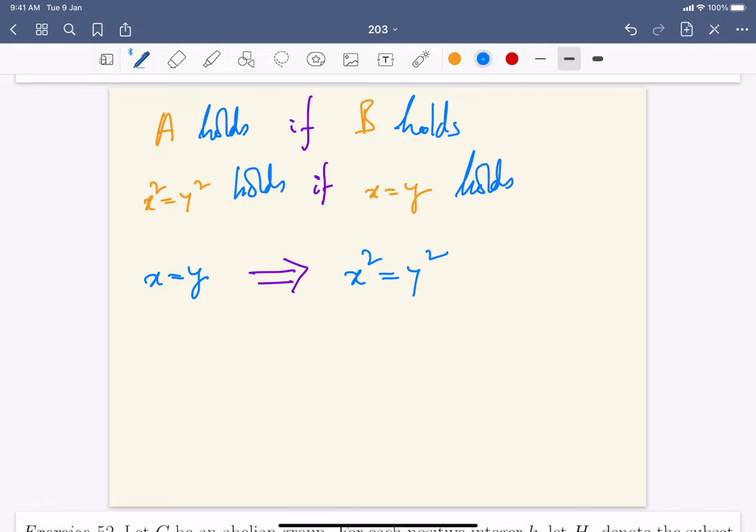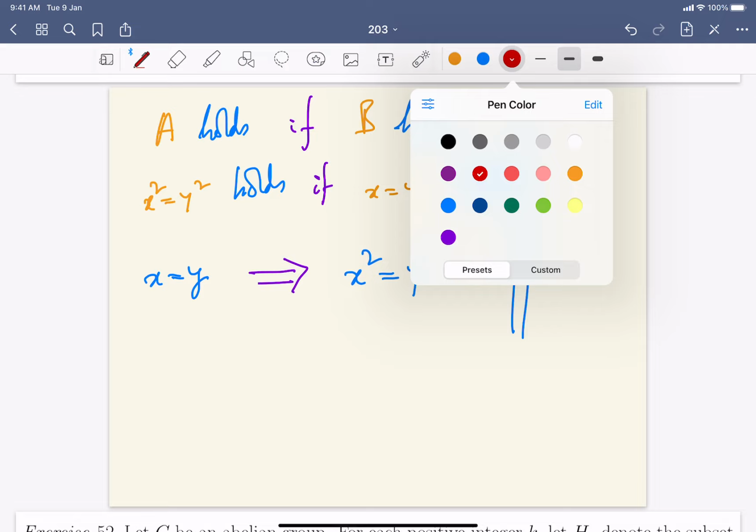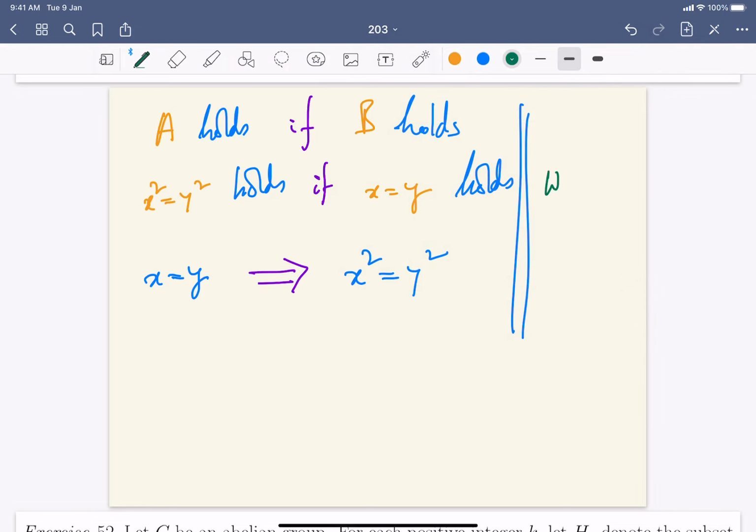This is quite easy to see, because we are not saying x square equal to y square if x equal to y. If I replace if by this, we would be saying that x square equal to y square implies x equal to y.